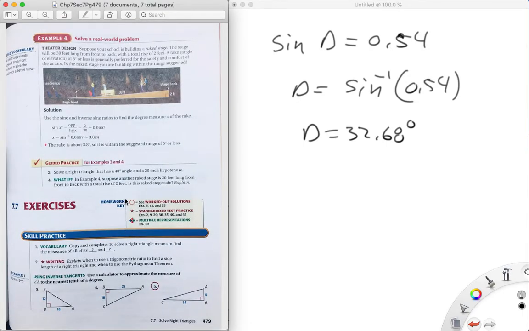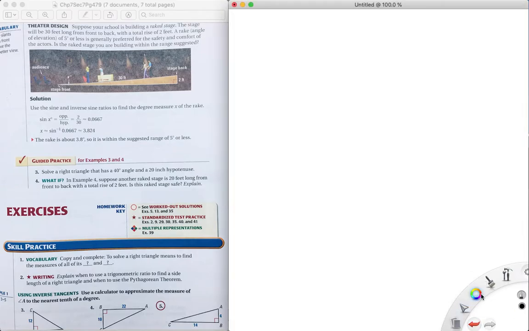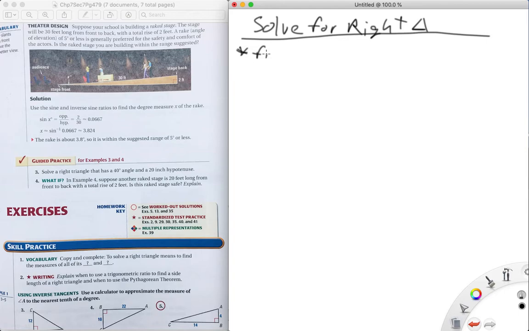Solving for a right triangle. When you solve for a right triangle, what you're doing is you're finding all the angles and sides of a right triangle.